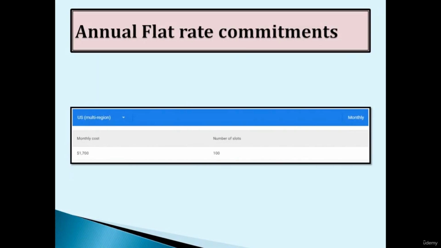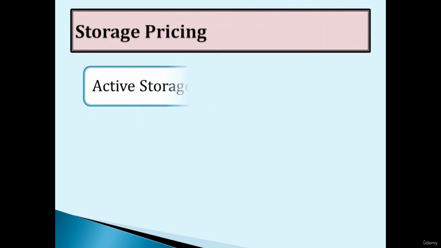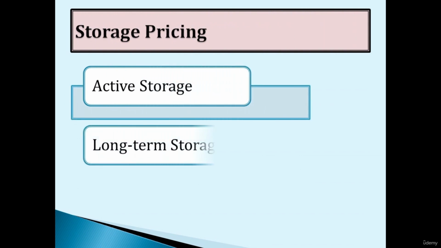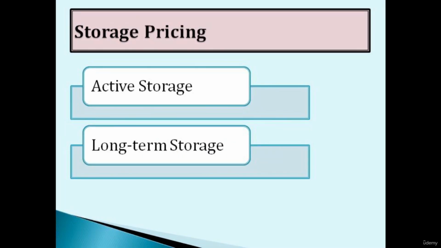Okay, let's now move on to the second major pricing category, that is storage pricing. Storage pricing is the cost to store data that you load into BigQuery. You pay for active storage and long-term storage.